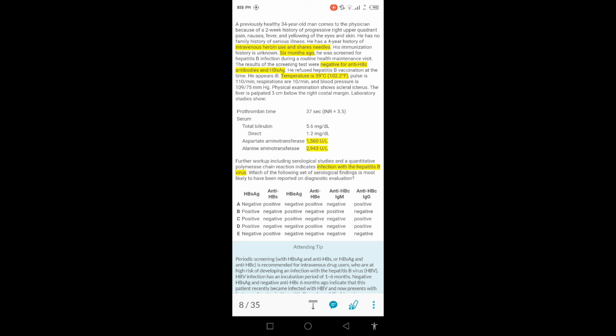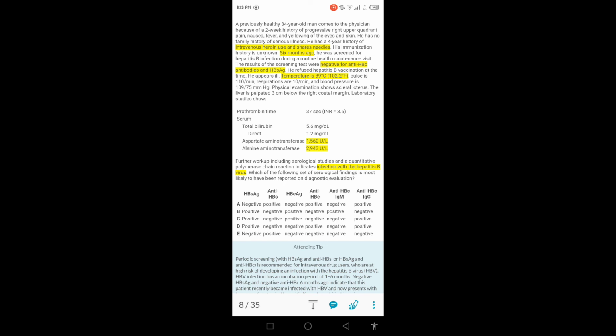So now let's discuss what if this patient progresses to chronic infection. Hepatitis B surface antigen remains positive for 6 months, and after 6 months it becomes negative, and if anti-HBs antibodies are positive, the patient has resolved the infection. But if these are not found yet, the patient is in chronic infection.